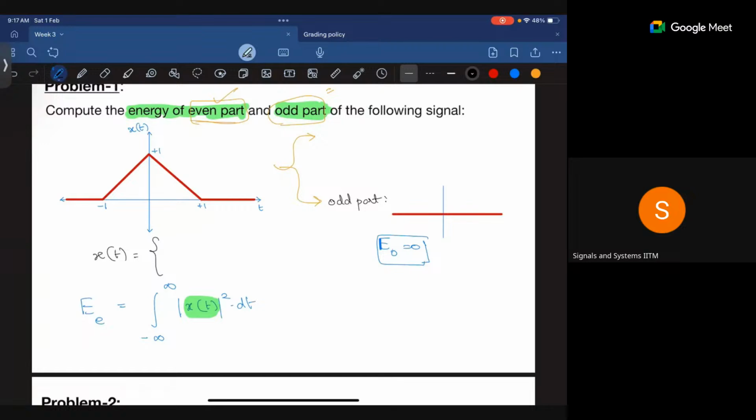Therefore, when t is between -1 and 0, how does x of t look? It's a straight line with some slope. What is the equation of this line? It is passing through (-1, 0) and (0, 1).